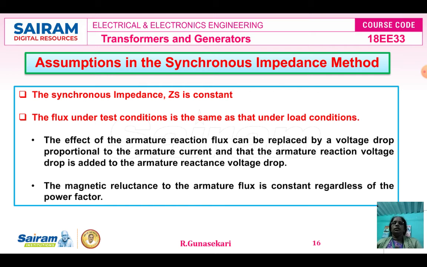The second one is that the flux under the test condition is the same as under loaded conditions. That means the effect of armature reaction, as already told, the concept of synchronous impedance is that the effect of armature reaction is replaced by the imaginary reactance only.